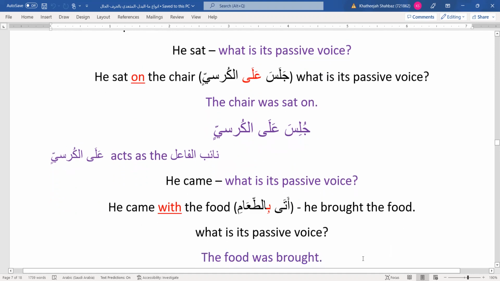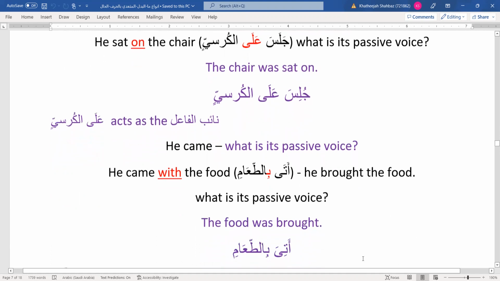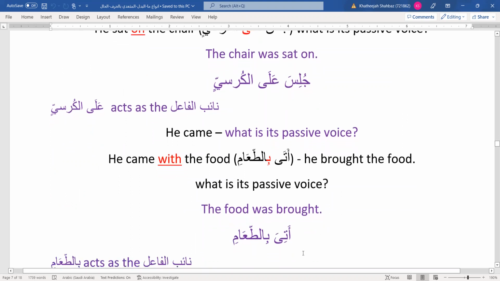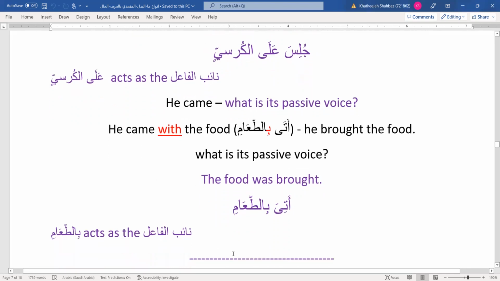The food was brought, and it will be utiya bit'ami. The naibul file will be bit'ami. Bit'ami, similar to ala al-kursi, will be the outside naibul file, and it acts like it. Otherwise, it is actually a jar majroor. This is what we did yesterday.